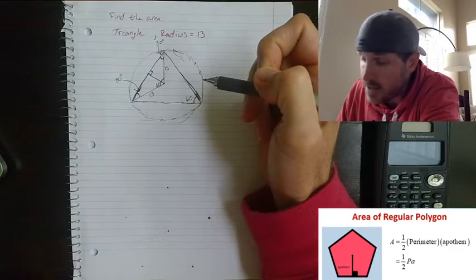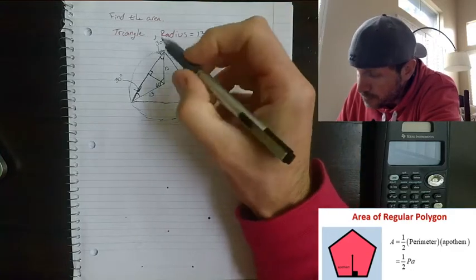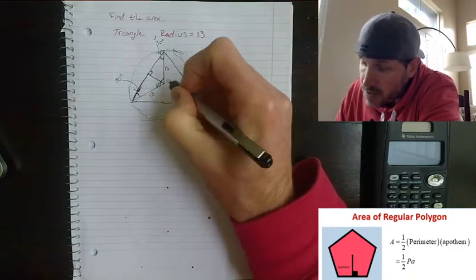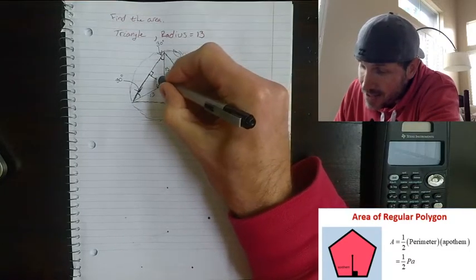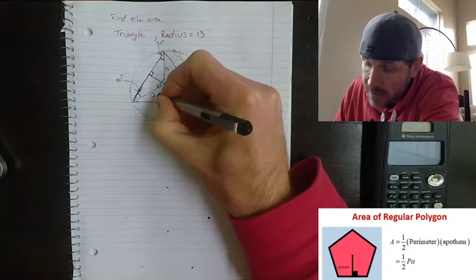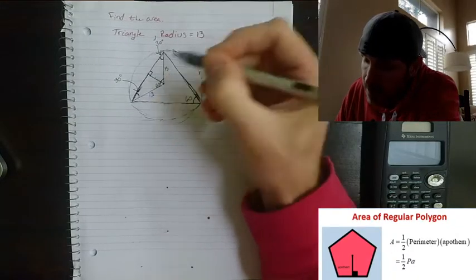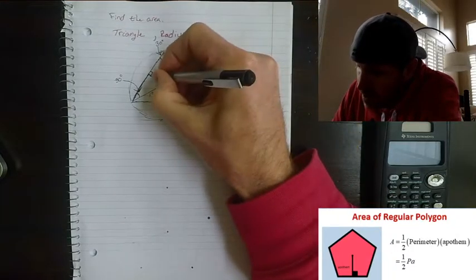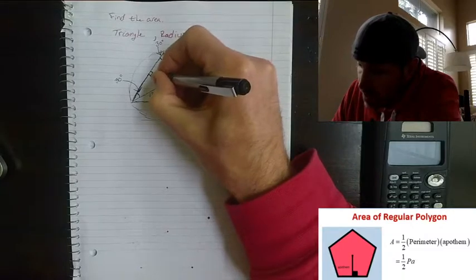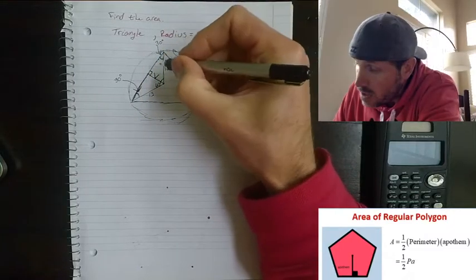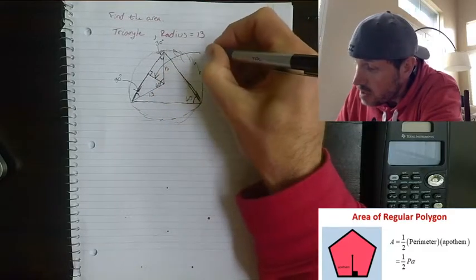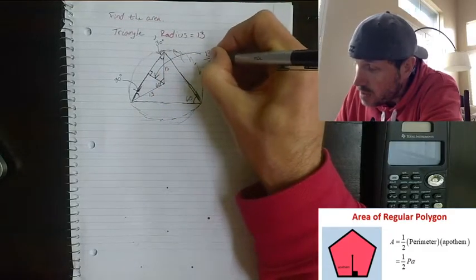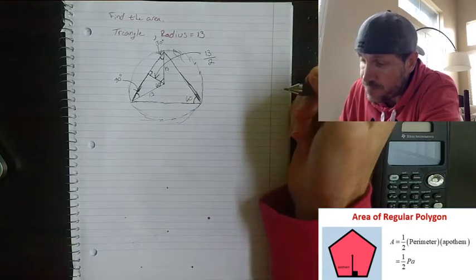So let's do that. If this is the hypotenuse of a 30, 60, 90 triangle, that means that this is half the length of that. So this side here, which is our apothem, is 13 divided by 2.